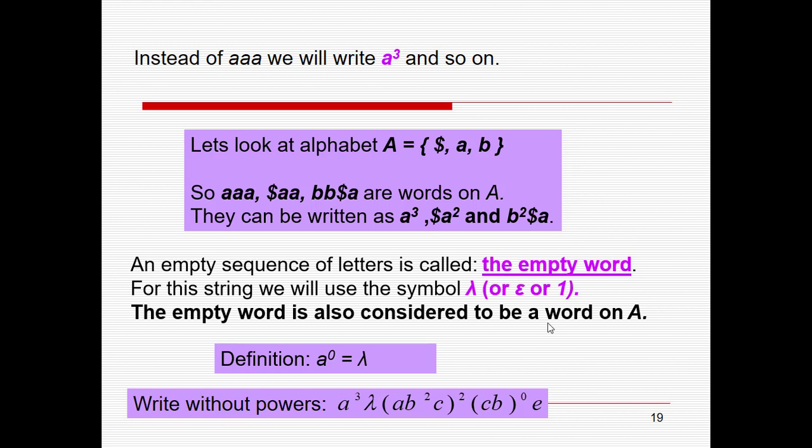So if we try to figure this one out, this would mean aaa, abb, c, and then again abb, c. Then we have c b to the power of 0, which is the empty word again, so we can omit it. So the total one would be aaa, abbc, abbc.